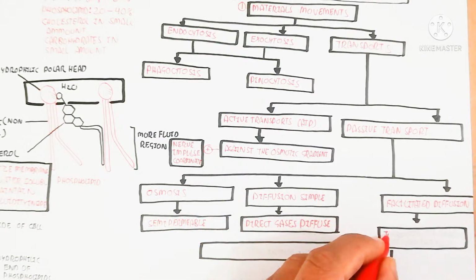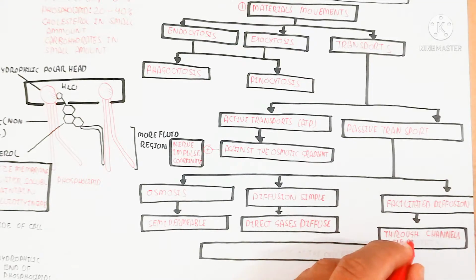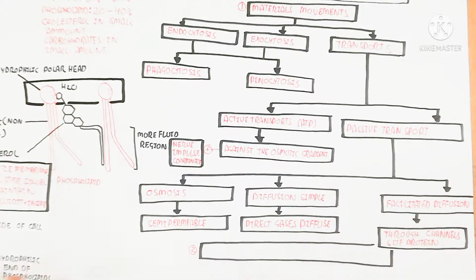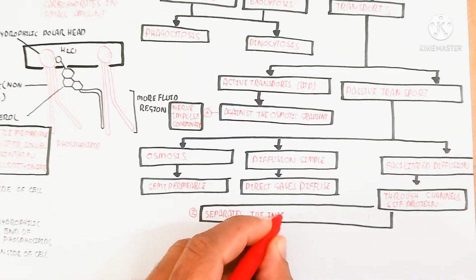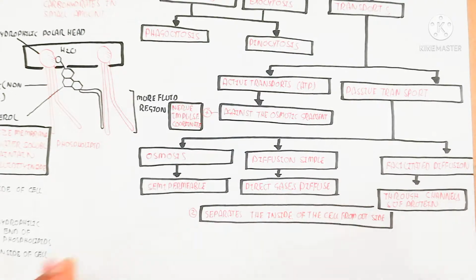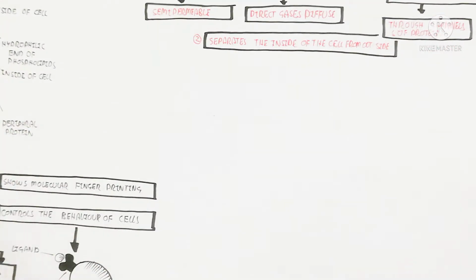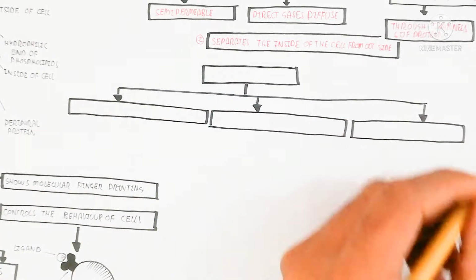Osmosis is water movement due to semi-permeability, while in diffusion gases diffuse directly into and out of the cell. Facilitated diffusion is through channels, which are protein channels.